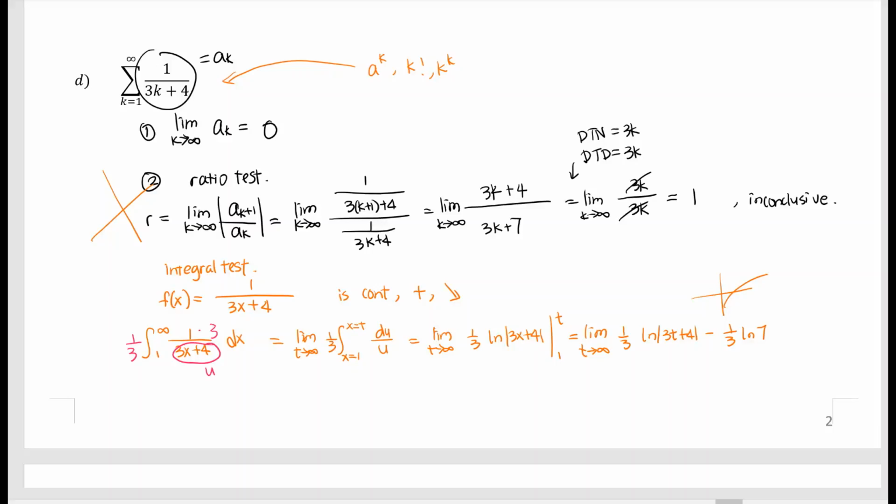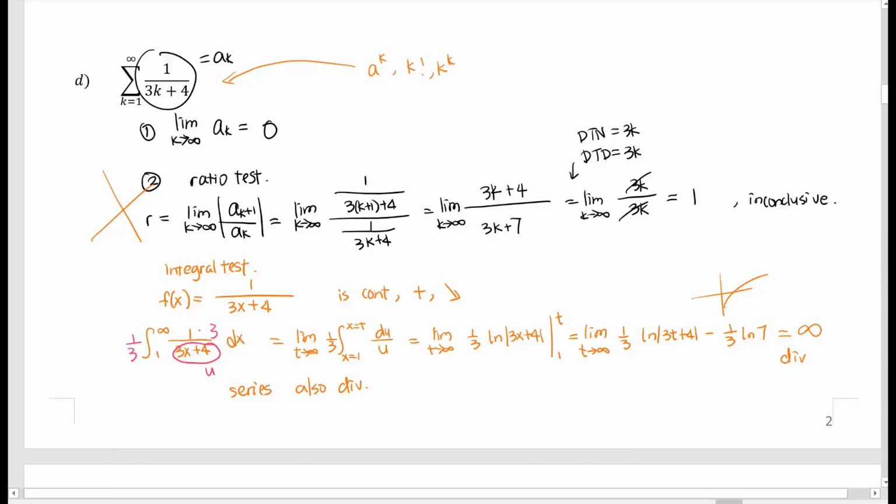Okay, so it goes to infinity. What is the answer? Infinity. Wow, that means the integral diverges. So by integral test, the series also diverges. Okay, so this is the answer of this problem.